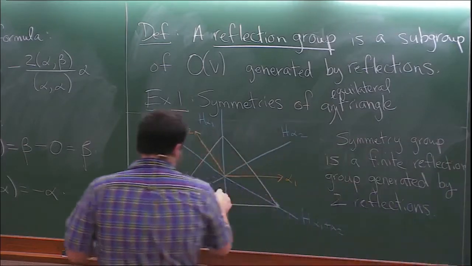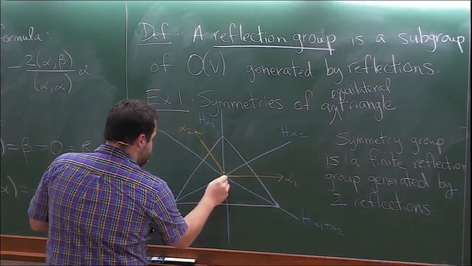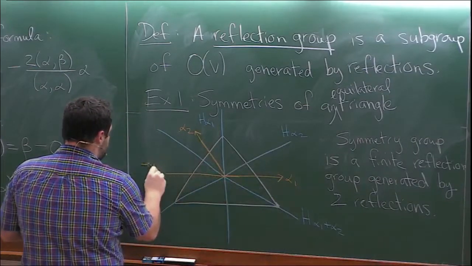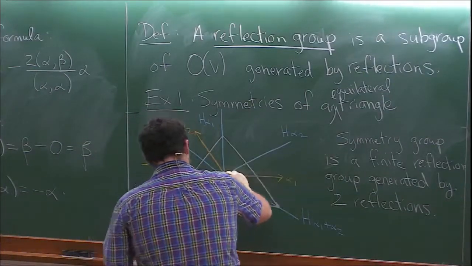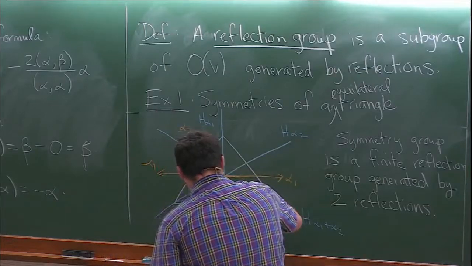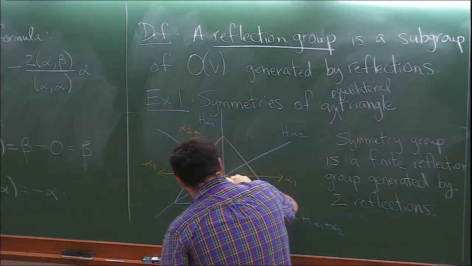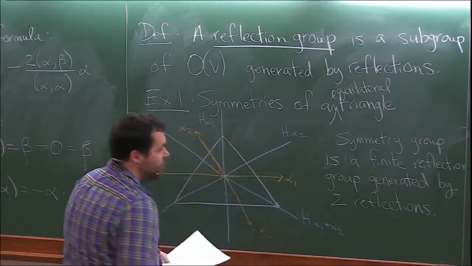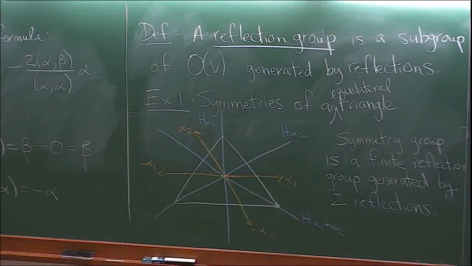So I know I should also have this vector, and I should have the negative of this one. Now this one says that if I reflect, I should also include the vectors that I get inside of my set of roots.